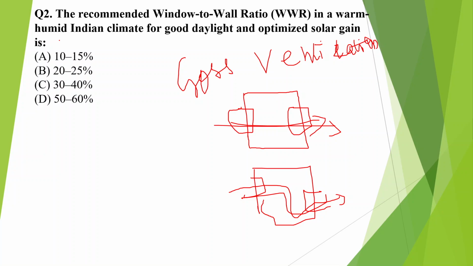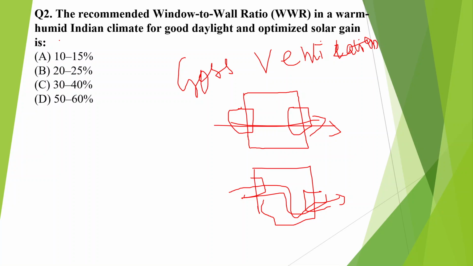So in that regard, option C is the correct answer for this particular question. 10% or 20% will be very, very less for proper ventilation and humidity control, but 30 to 40% is the ideal condition, and 60% will again create a lot of heat. So the correct answer for this particular question is 30 to 40%.